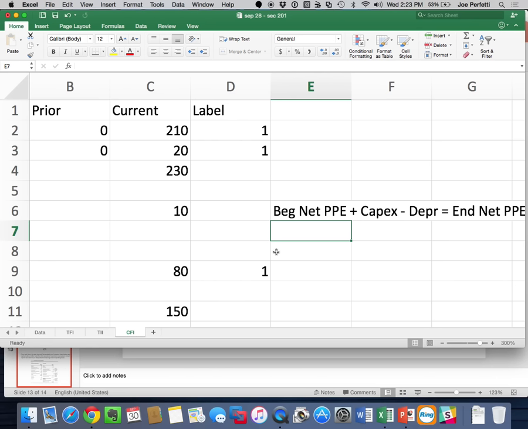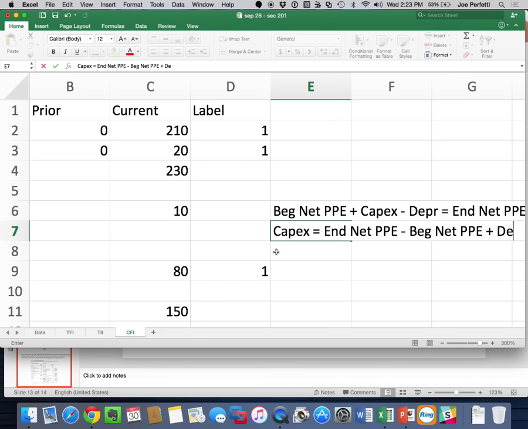So here's the point. What we're going to do is we're going to solve for capital expenditures, and that's the formula. So CapEx is going to equal my ending net PP&E minus my beginning net PP&E plus my depreciation.